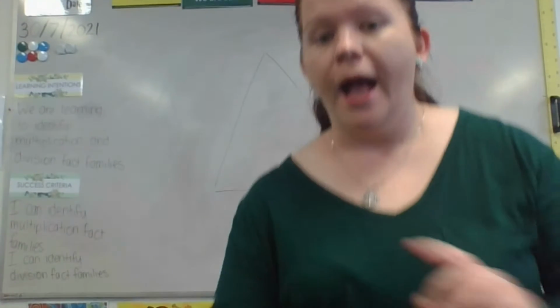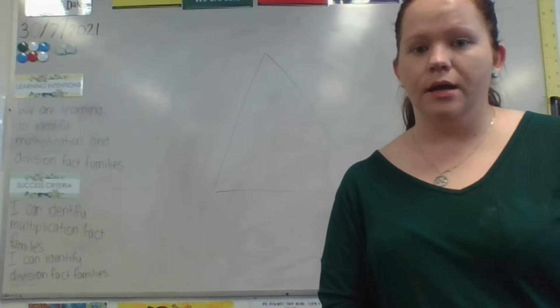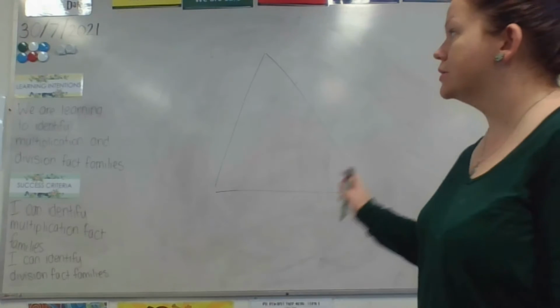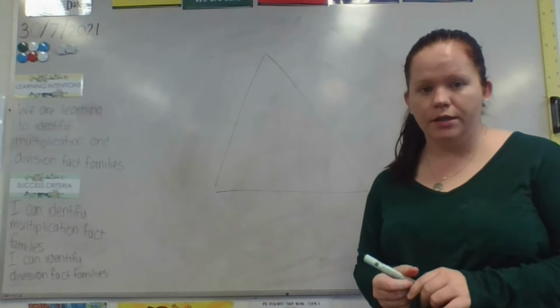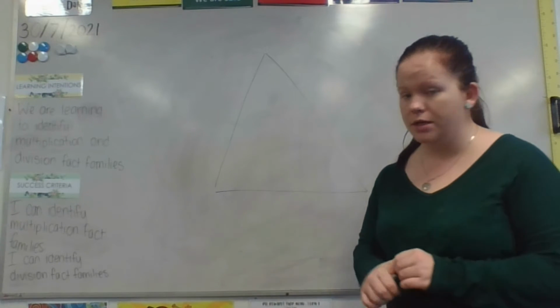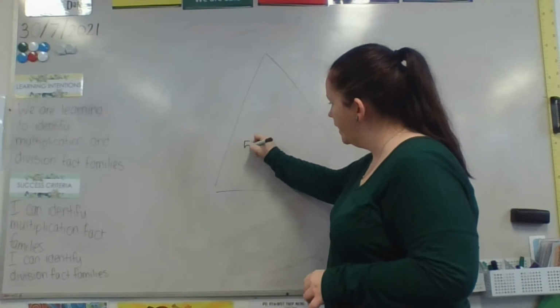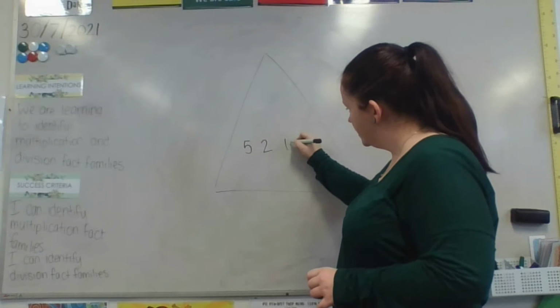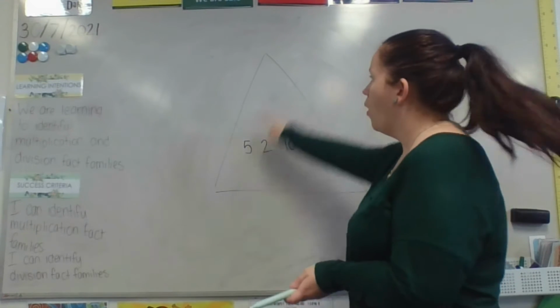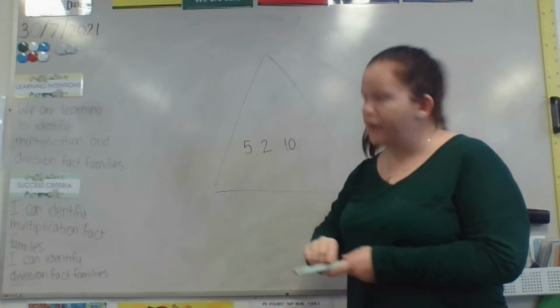So, having a look at our board, we are going to start with the multiplication fact family example. So, I'm going to start by writing the number 10 on top, because for this fact family, we have three numbers. We have 5, 2, and 10. Now, when we're doing a triangle, the highest number always goes up the top of our triangle.